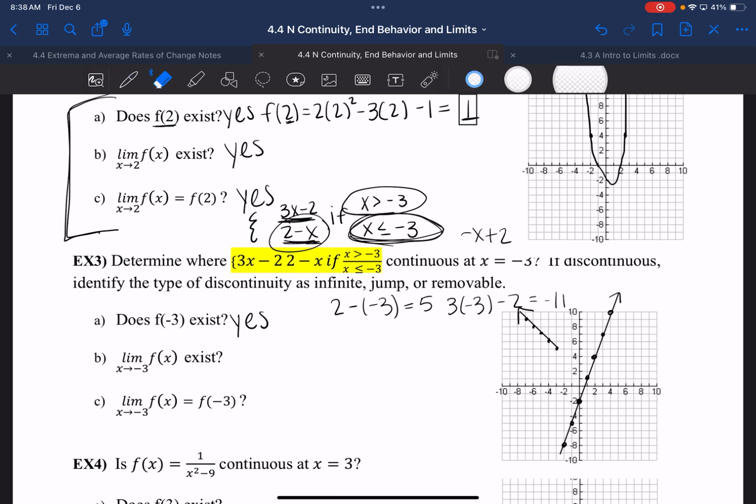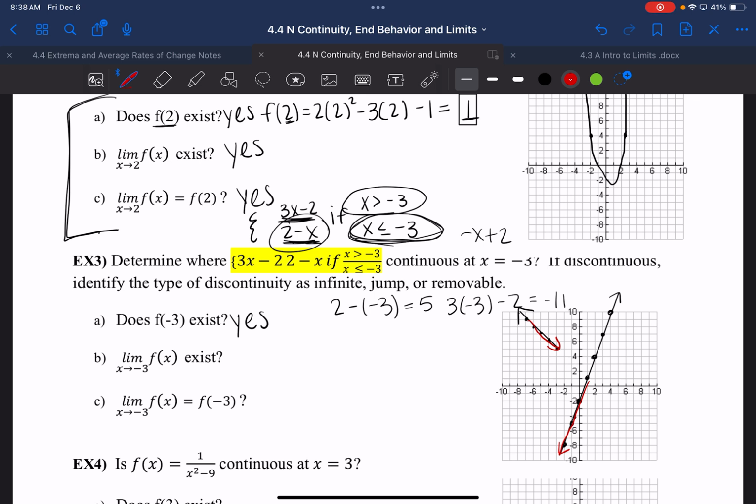All right, so here it asks, is there a limit at negative 3? Well, we have to look at if we're approaching from the left and if we're approaching from the right. So if I'm approaching from the left, that'd be to right here. If I'm approaching from the right, that would be to here. Are they approaching the same place?